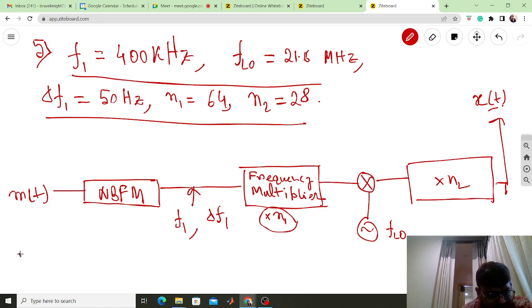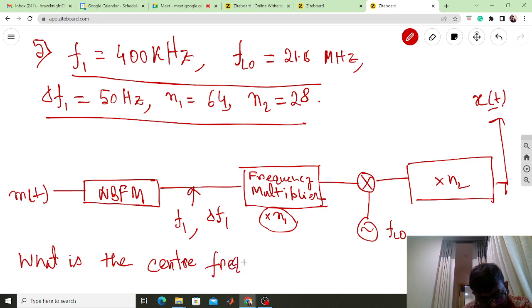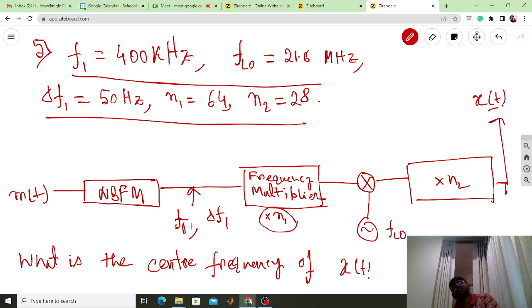So what is the center frequency of x(t)? Here it is F1. All the values are given here. Sorry.